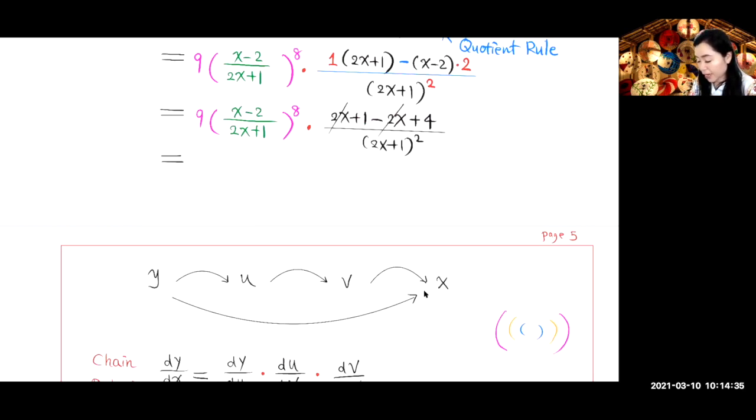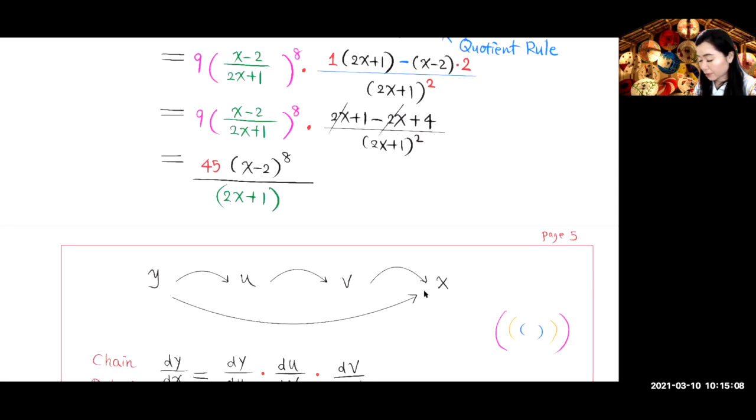Then 5 times 9 makes 45, so we'll have 45 times x minus 2 to the 8th power, and now over 2x plus 1 to the what power? Now this is 2x plus 1 to the 8th power, now multiply with this 2x plus 1 to the second power.